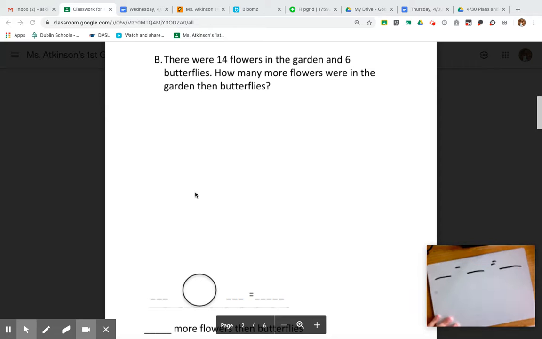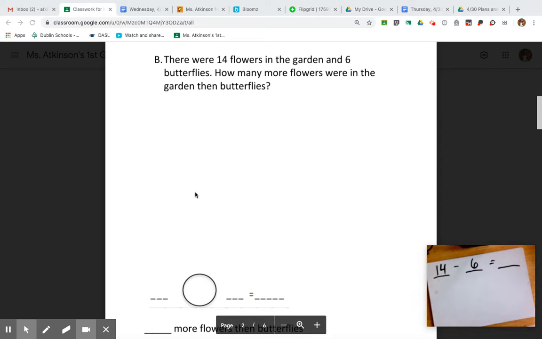And when I think of our subtraction problems, I know that we always put the bigger number first. So in this math problem, the number 14 is our biggest number. Okay? Then it says that there are 6 butterflies, and we want to know how many more flowers, which is 14, than butterflies were in the garden. So we are going to be subtracting 6.